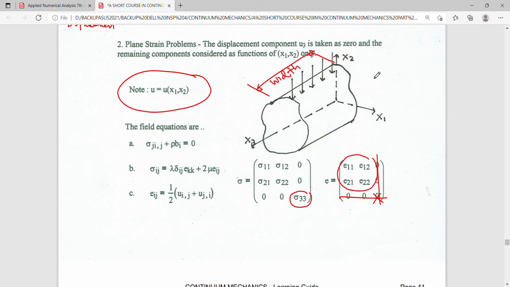So let's say you are designing a dam, okay, a very long dam or large dam, wherein the width is very big compared to the geometry of the dam. Normally, you don't also require a check on sigma 3 because the strain is assumed to be negligible or 0. But it doesn't mean that there's no sigma 3 because the definition of the plane strain problem does not say so.